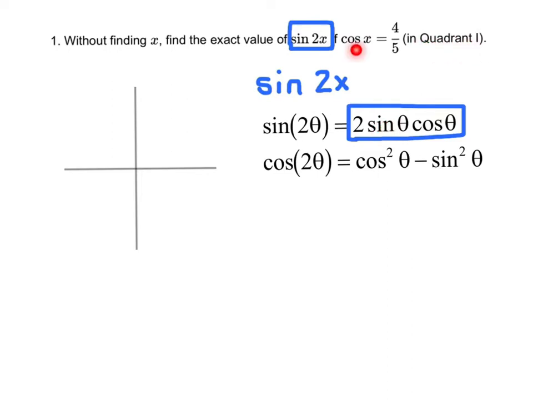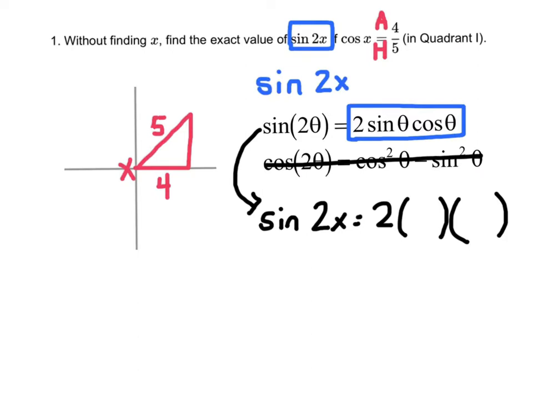So if cosine is 4/5, what two sides of the triangle is that? So there are your adjacent and your hypotenuse sides. And this is only one triangle, only one variable, angle x, or if you want to label it theta, that's fine too. Okay, so we won't be needing the second formula.